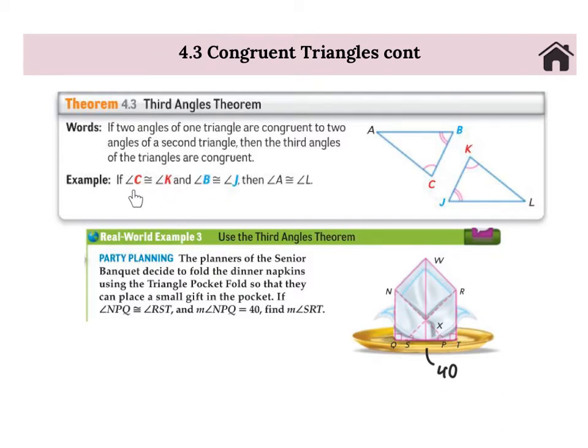What this is saying is, if C is congruent to K, the red angles, and B and J are also congruent, then A and L, we'll color these green, also are congruent. Keeping that in mind, we're going to keep going to the next example.